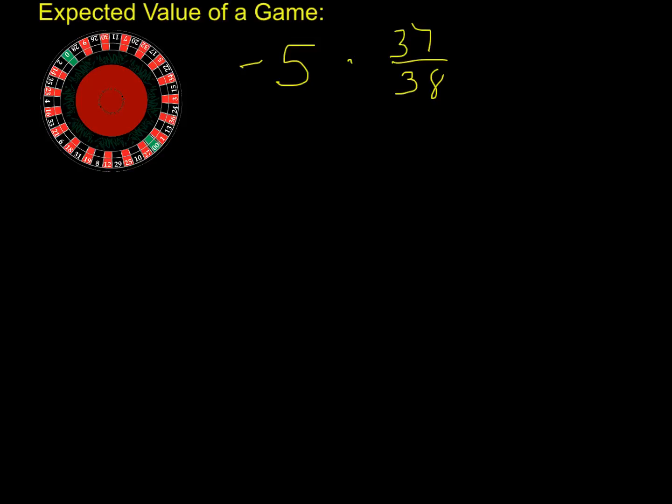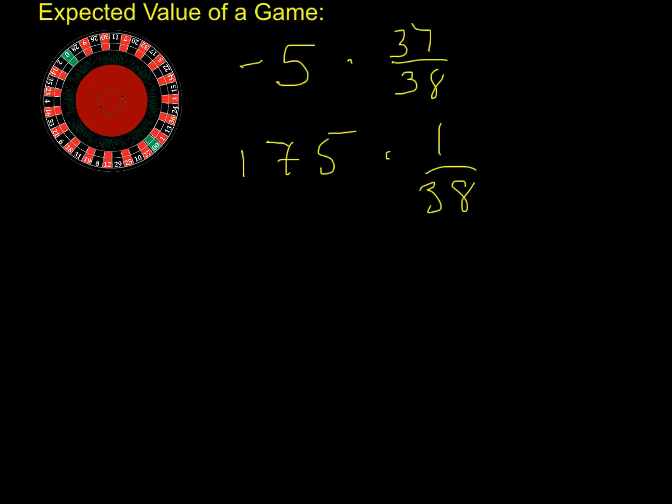So the other possible outcome is that we win. And in a game of roulette, if you bet on the right number, you make $180 minus your initial bet of $5. So our net profit would be $175. And the only way that occurs is if we land on the 00, so we multiply that by 1 out of 38.